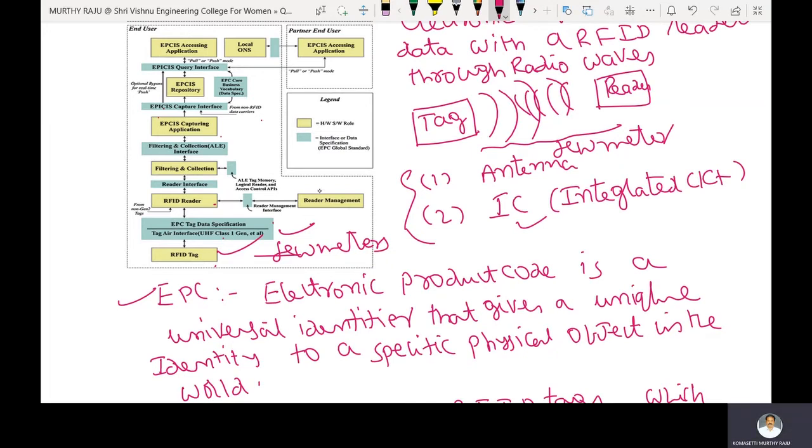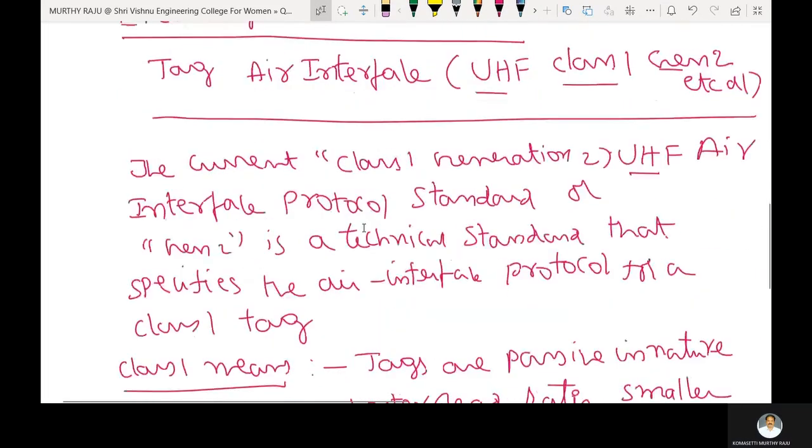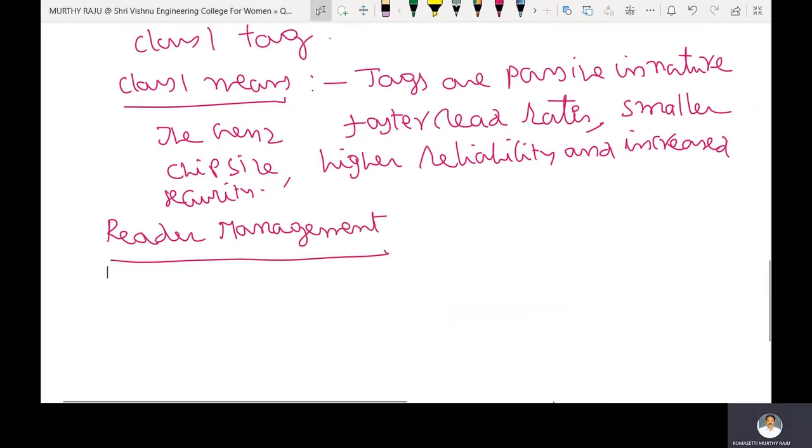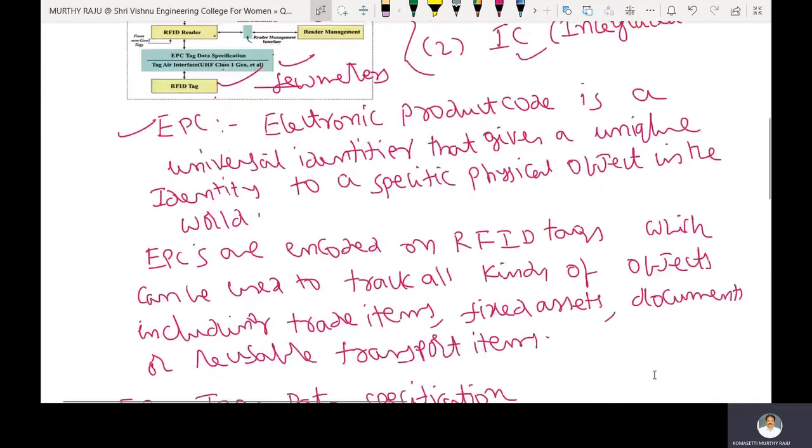Coming to radar management. Radar management is a standard.